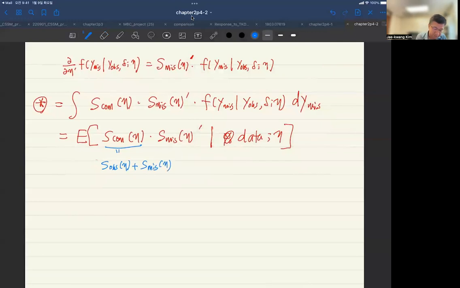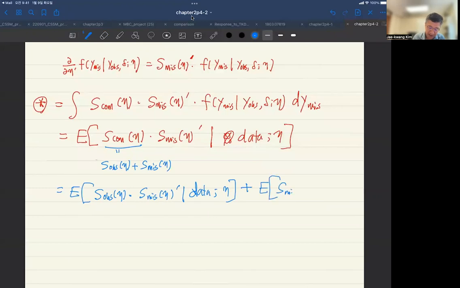And then that means you have S obs eta times S miss eta prime given data, plus the expectation of S miss eta S miss prime eta given data.